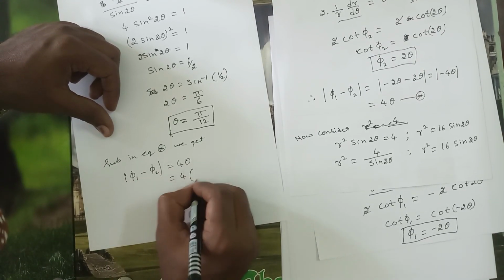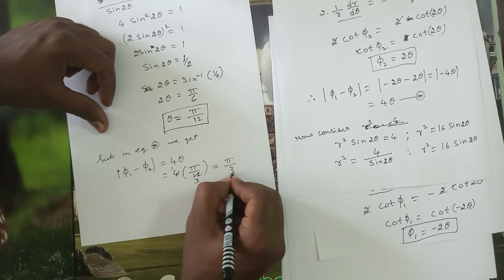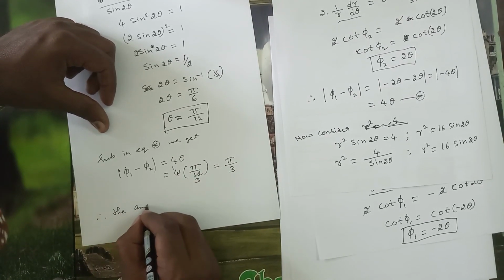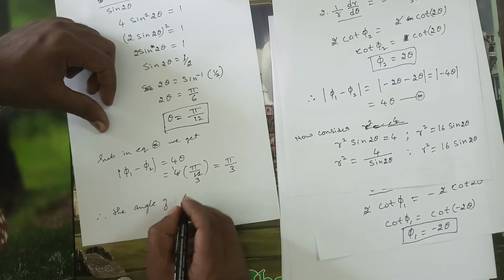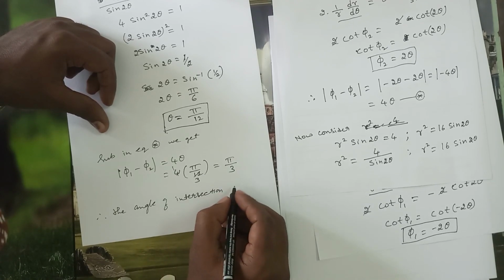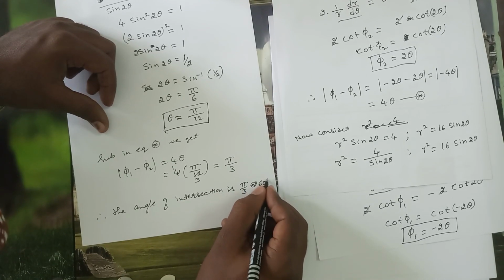So 4 into pi by 12, 4 threes are 12, so we get pi by 3. So therefore the angle of intersection is pi by 3 or 60 degrees.